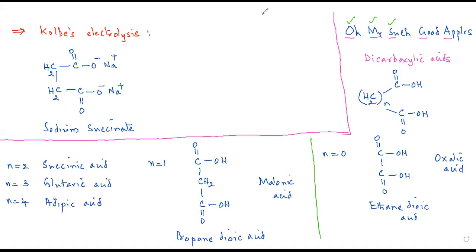Okay, now take the aqueous solution of sodium succinate when this is subjected to electrolysis. We'll have a free radical mechanism. We've already seen this in alkanes. Now, what do we get? CH2=CH2 and CO2.